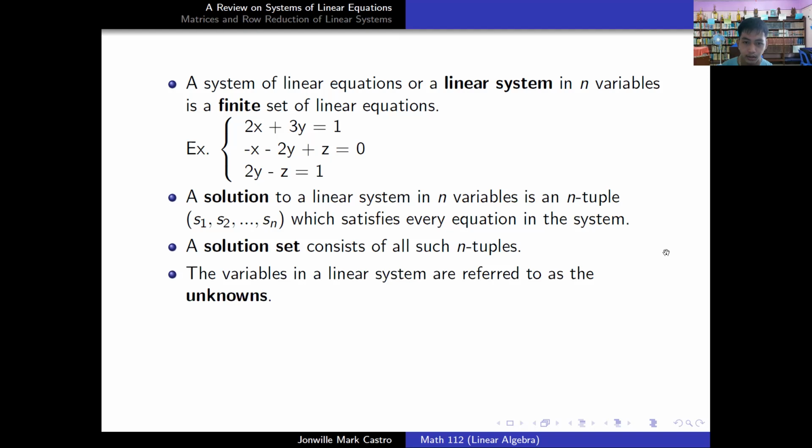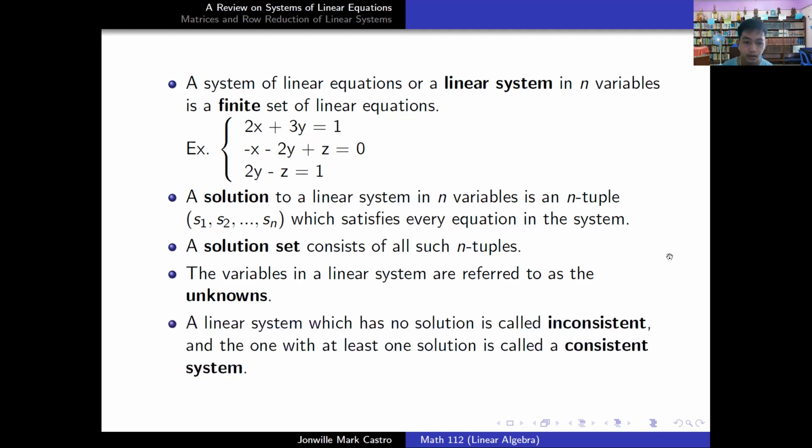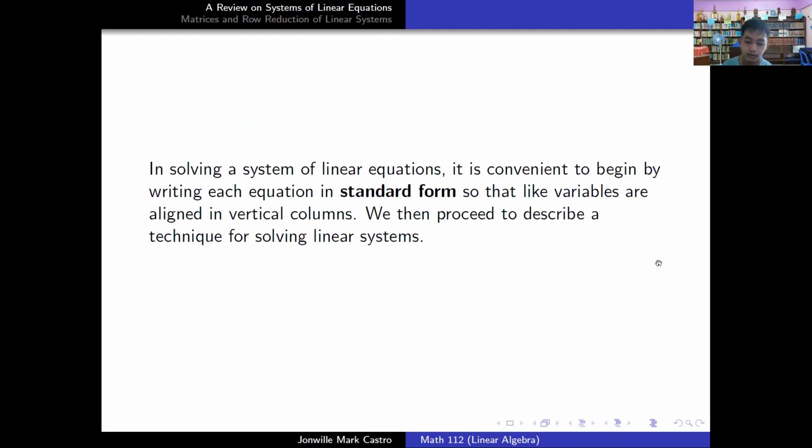The variables in a linear system are referred to as the unknowns. A linear system which has no solution is called inconsistent, and the one with at least one solution is called a consistent system. So in solving systems of linear equations, the easiest way is to write each equation in standard form.